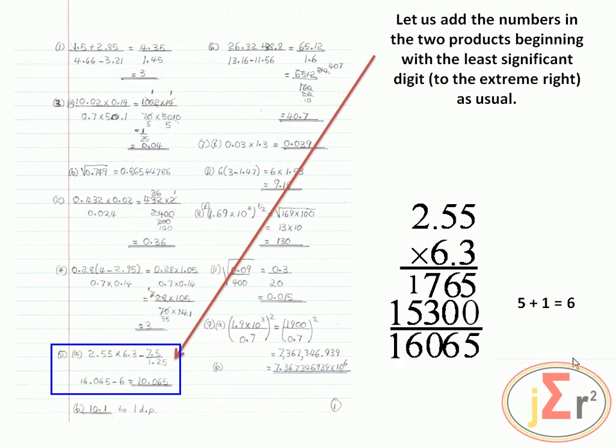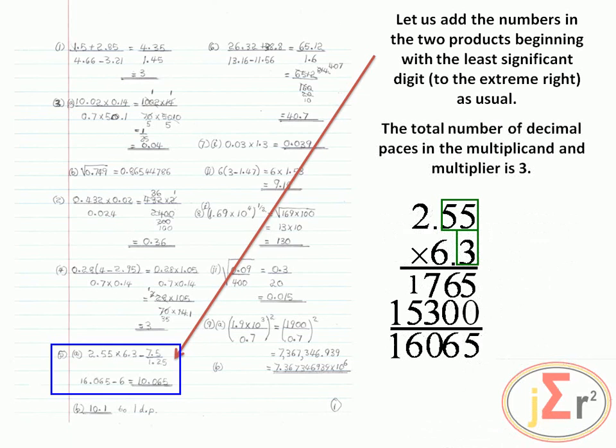But do we leave our answer like that? No. We do something else. What do we know? The total number of decimal places in the multiplicand and multiplier together is 3. So we have 3 places of decimal here.